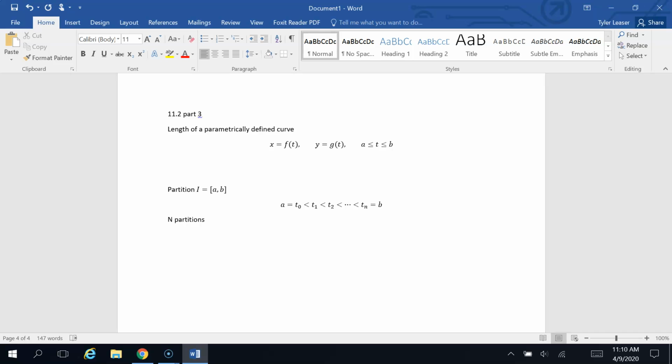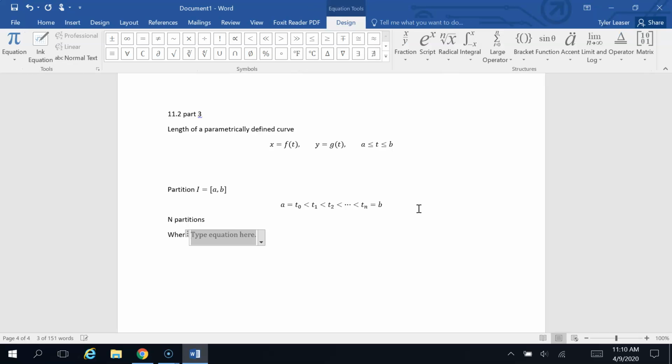We want to define where these partitions are located, so P sub k is going to be the location of each partition, which you can think of as f at t sub k, g at t sub k.